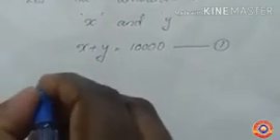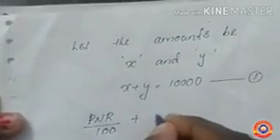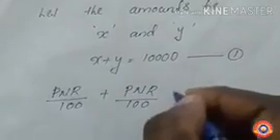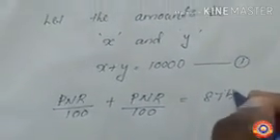This is equation number 1. From both the schemes, he got interest as 875 rupees. Children, what is the formula for finding the simple interest? Very good. PNR by 100. So we have 2 schemes here, so we can write PNR by 100 plus PNR by 100 equal to 875.